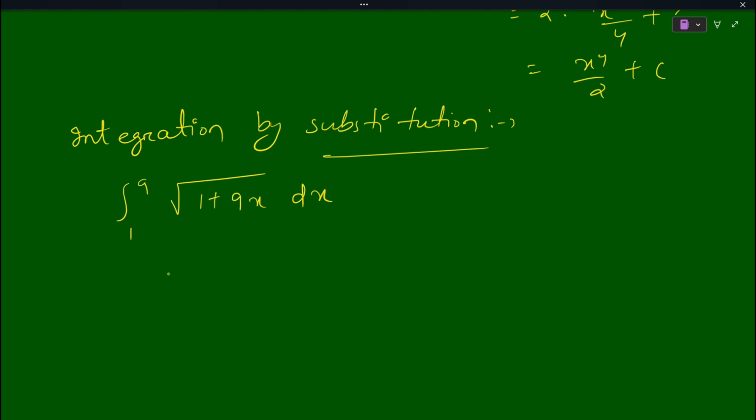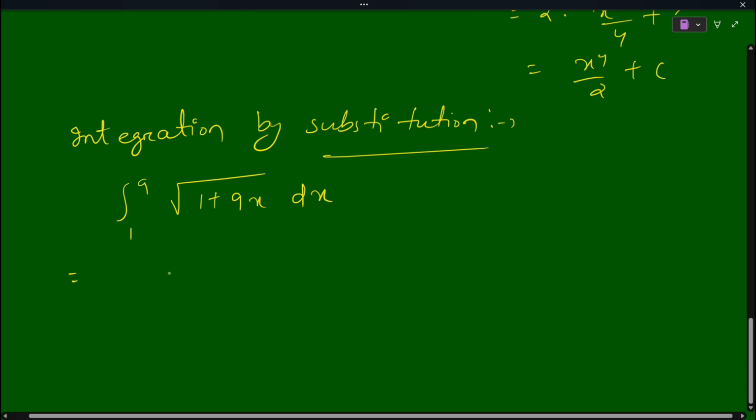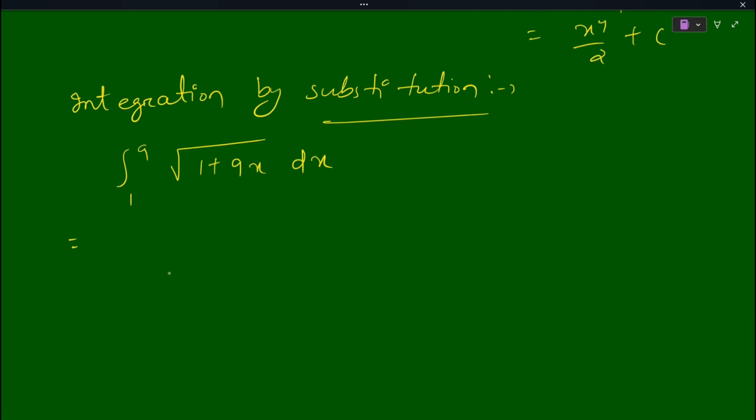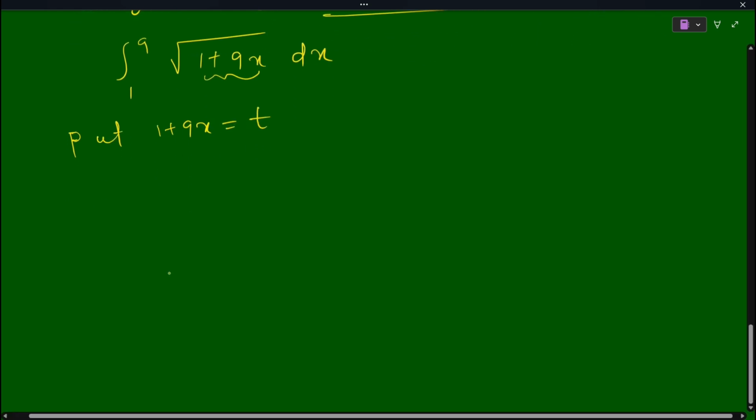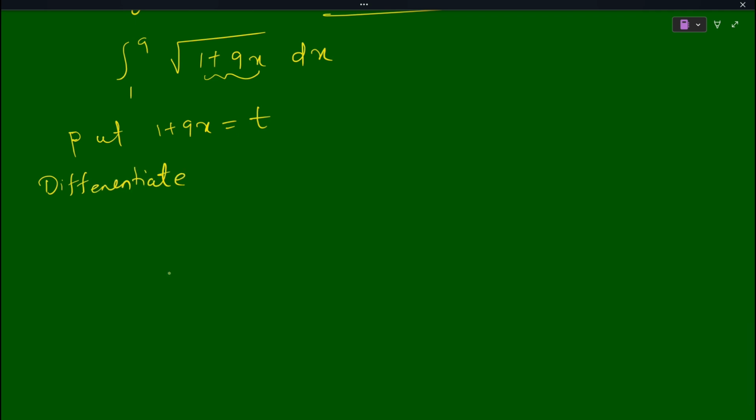Such integrations are solved using the method of substitution, where we substitute 1 plus 9x equal to t. Then we differentiate this expression with respect to either x or t.